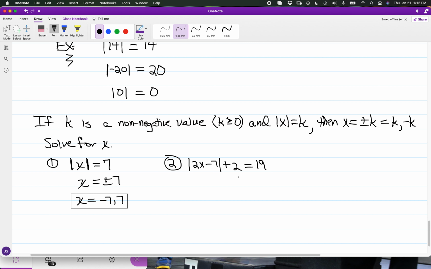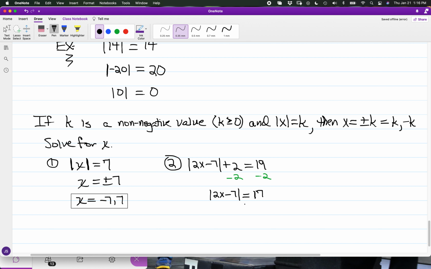Let's get the absolute value term by itself, so I'll move this 2 over by subtracting. So I have the absolute value of 2x minus 7 is equal to 17.